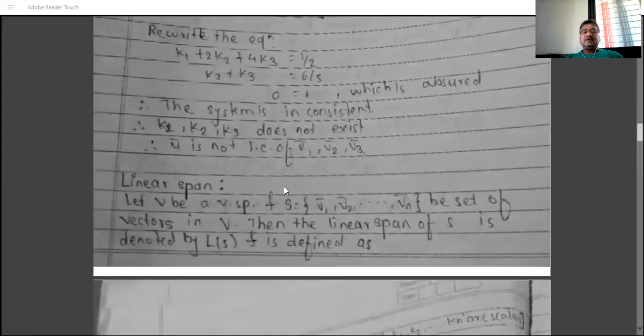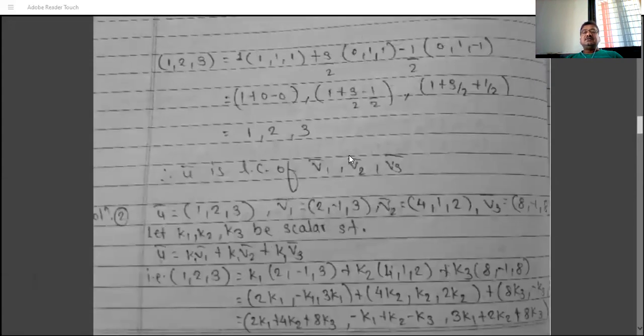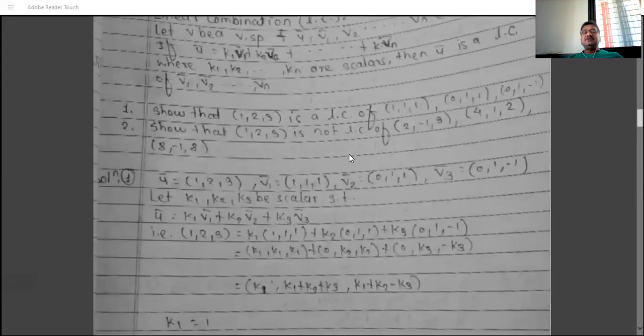If the system is consistent, then we say the vector is a linear combination of the remaining vectors. Here it is not, and therefore U bar is not a linear combination of V1, V2, V3. So these are the two problems on linear combination.